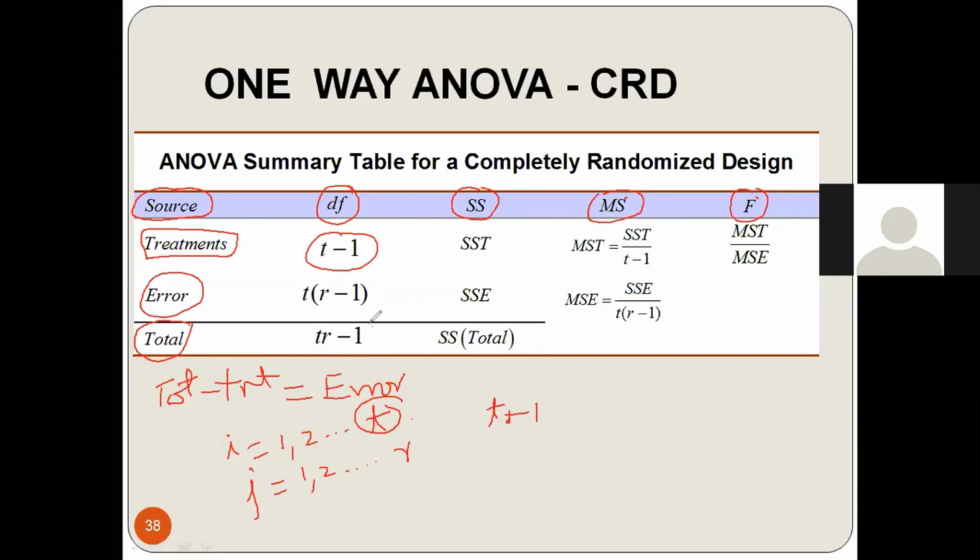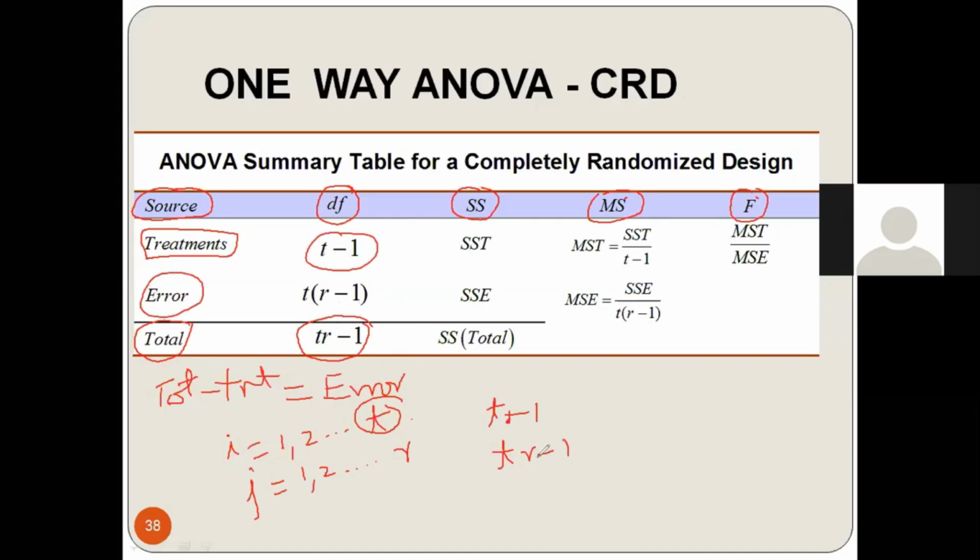Then the next one is total degrees of freedom. T into R, the number of treatments multiplied by replicates, minus 1. TR minus 1.